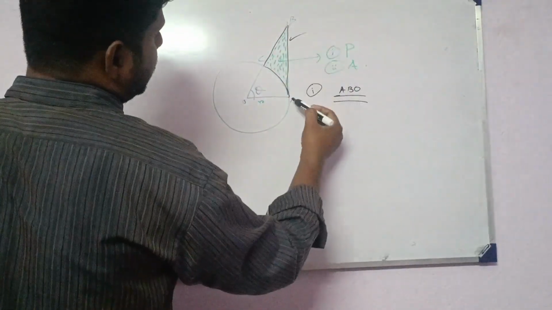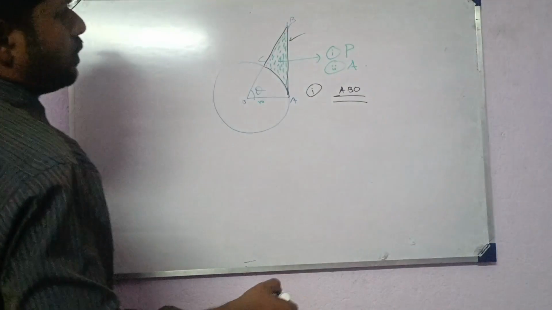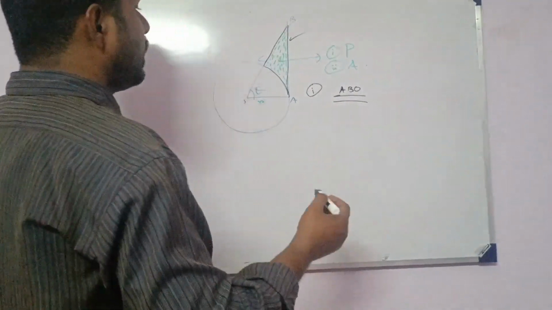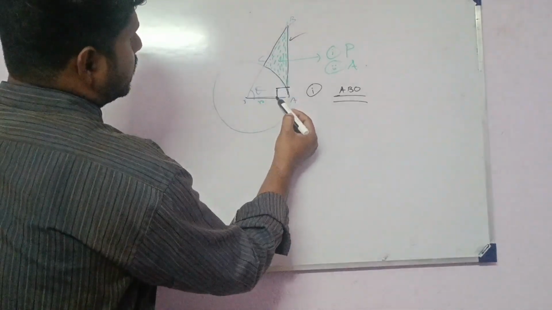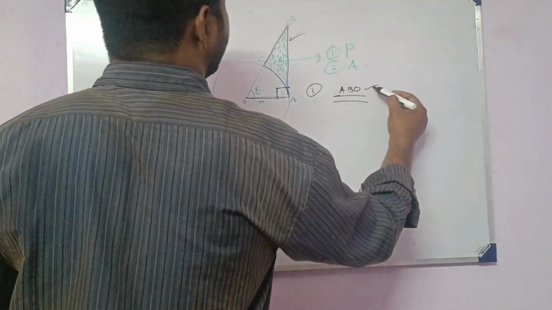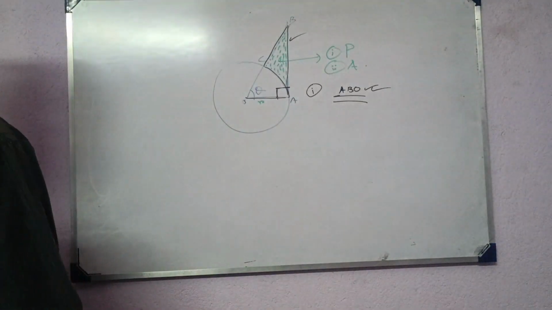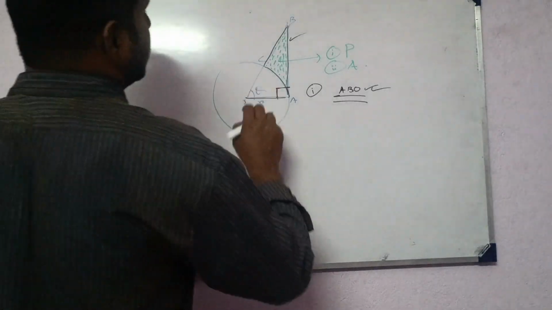This is the tangent which is touching the circle at point N. You know the angle between the radius and tangent at a point is 90 degree. As it is 90 degree, ABO is a right angle triangle. This is theta.